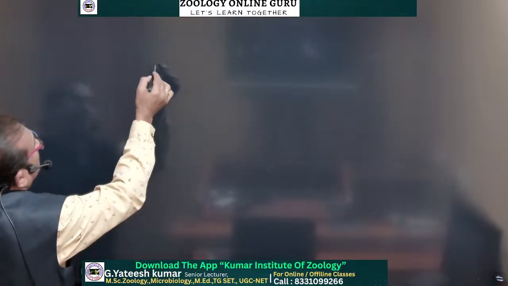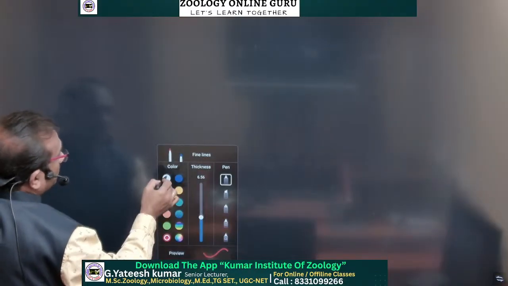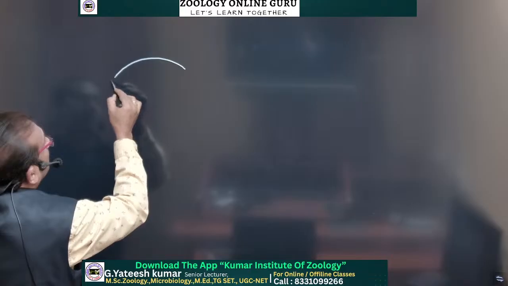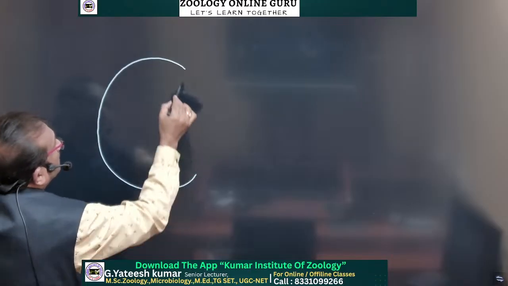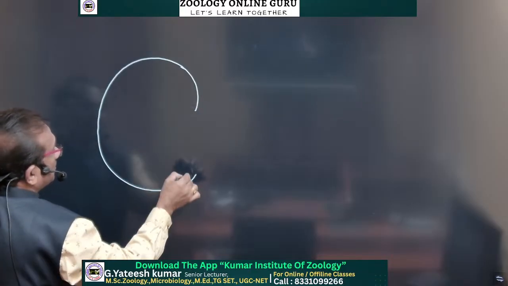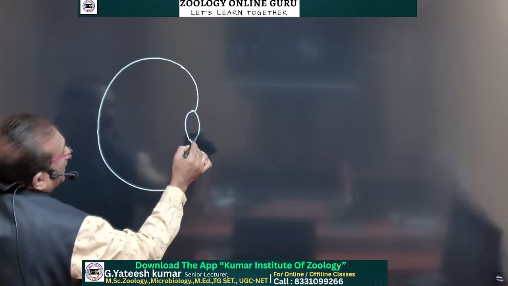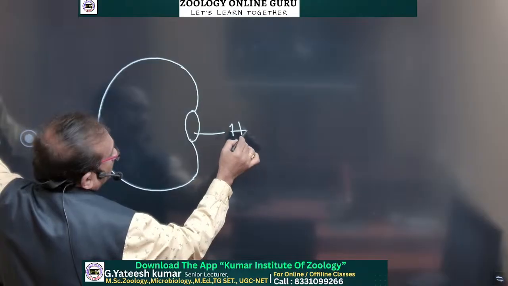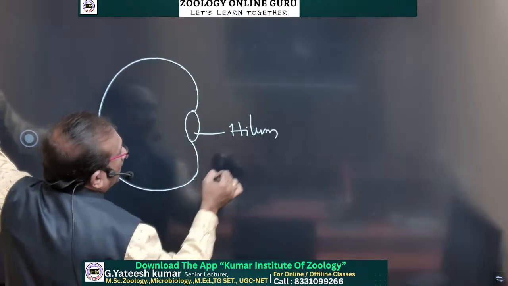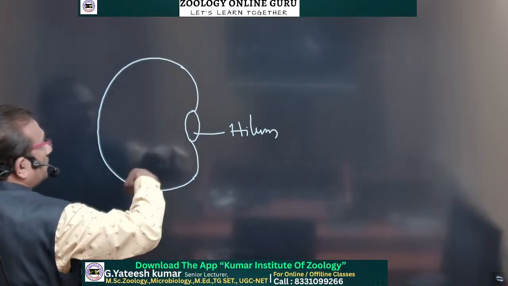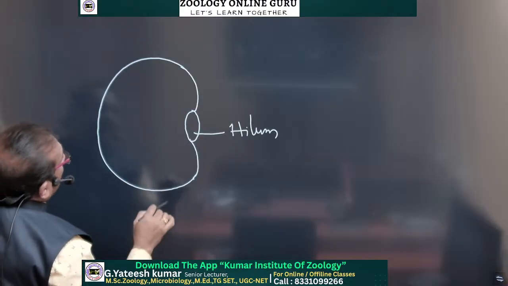Coming to this, see here, this is the kidney. This is the opening, this is the hilum. The outermost covering is called the capsule.